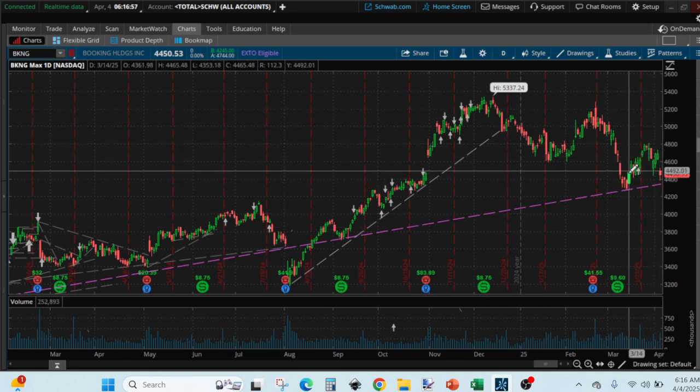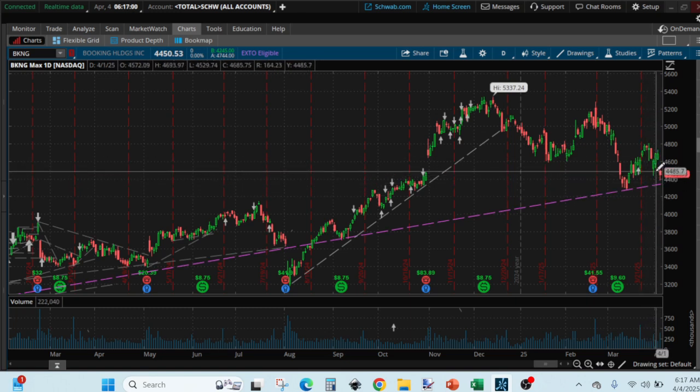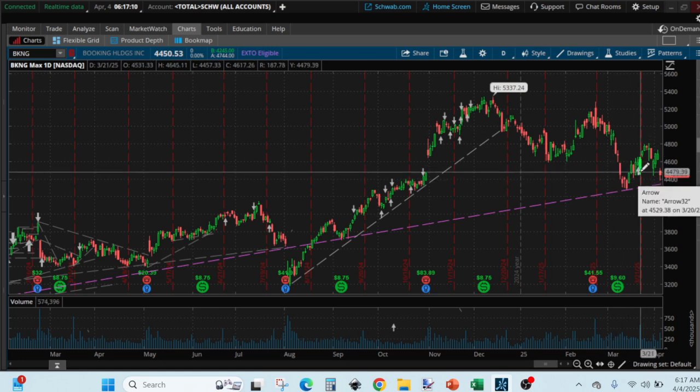So just giving you plenty of time. If you didn't catch it the first time, you could catch it another time around the trend line. But with large cap stocks, as a beginner, they don't fluctuate quickly. You're not going to lose money with them quickly, but you're not going to make a lot of money with them quickly in a short period of time either.